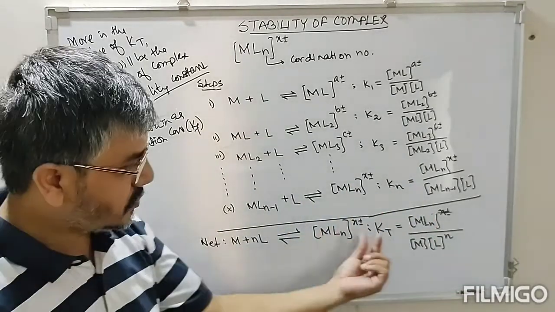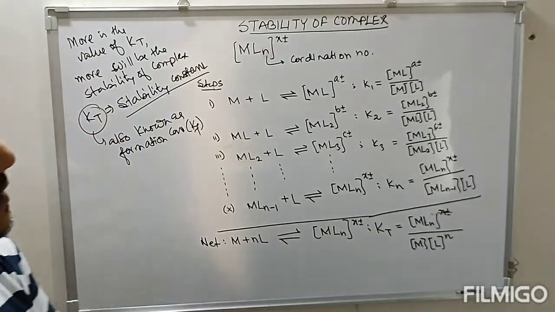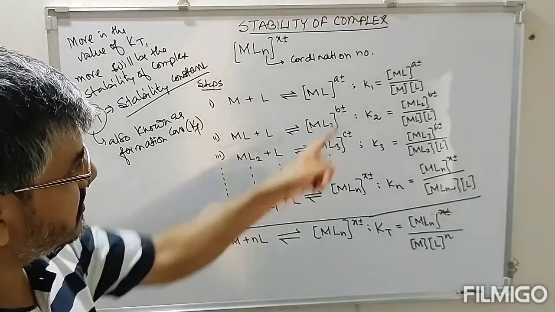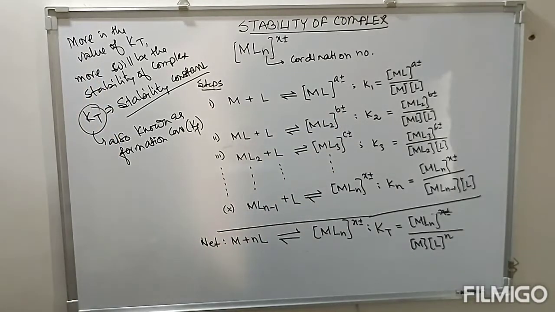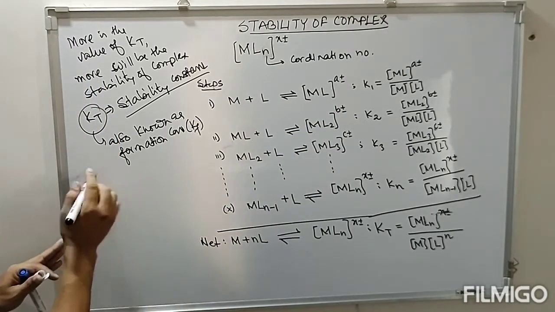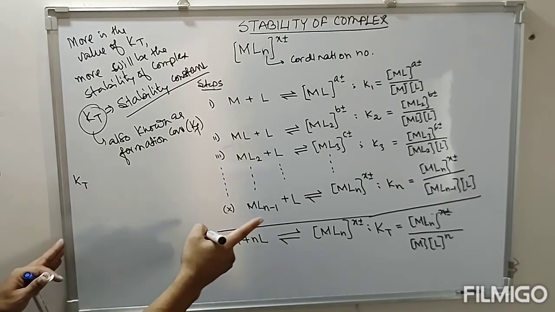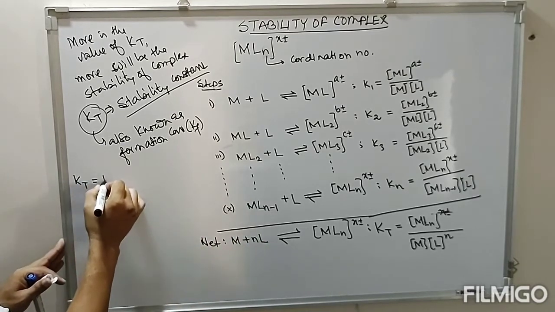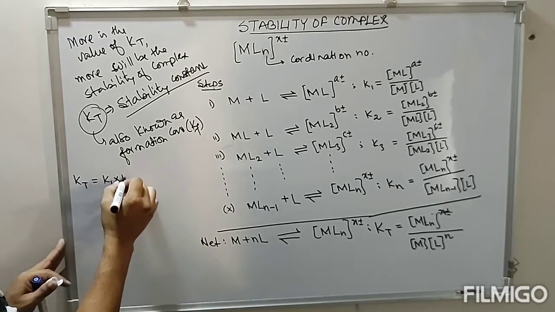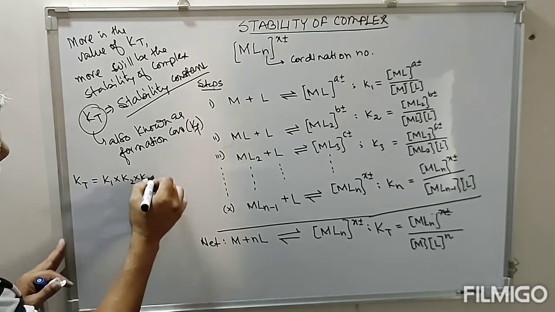Now this total formation constant or equilibrium constant has to be related to the individual equilibrium constants. So the relationship between these two is, if you look at this, Kt, that is the total equilibrium constant, is equal to the product of individual step equilibrium constants.